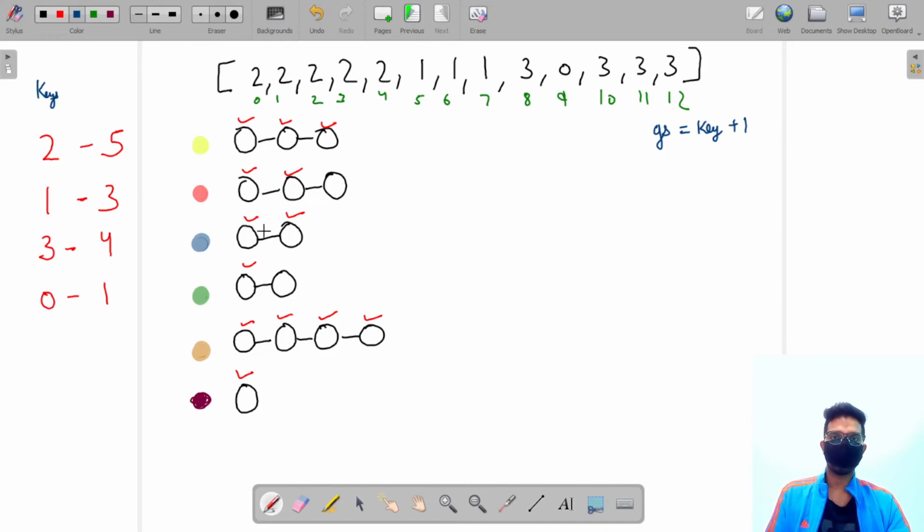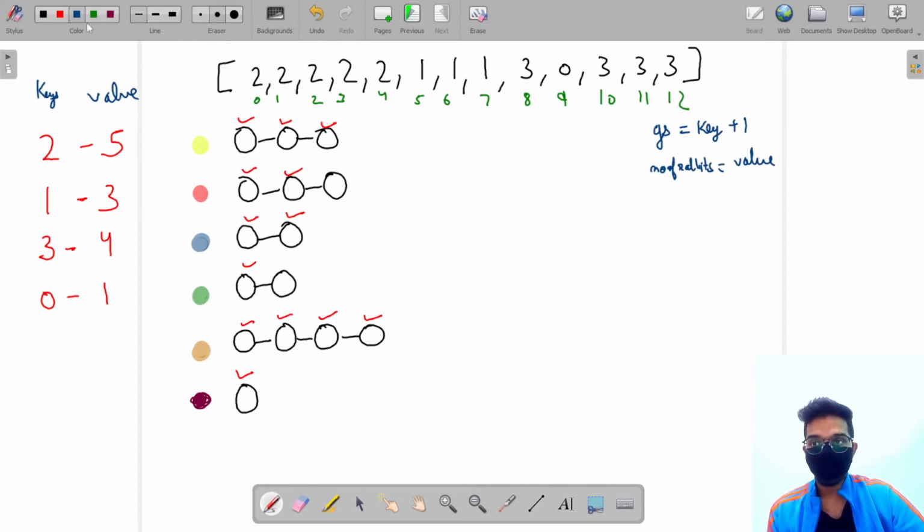If I know the number of rabbits, that is the count I'm storing in my hash map, the value, then with the help of this I can calculate the number of groups.